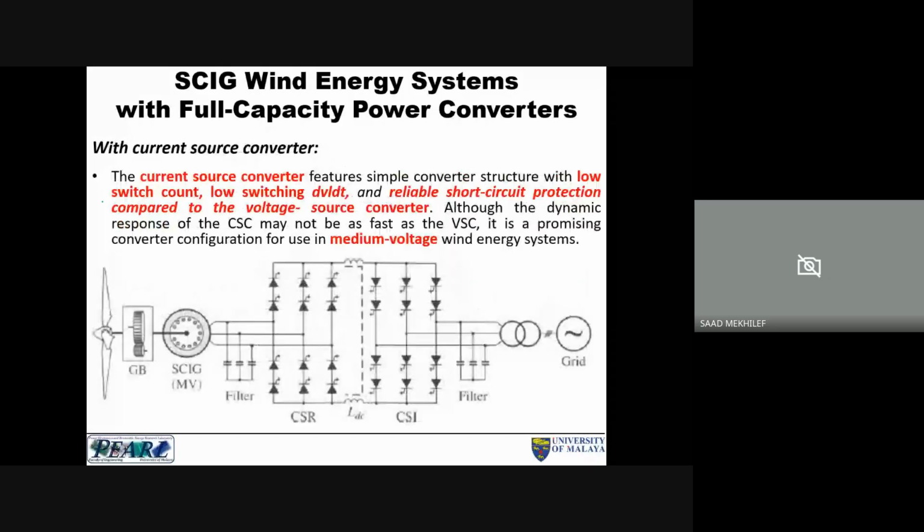Also, another topology with a full capacity power rectifier. Here it is also the same. We use current source rectifiers and current source converters instead of voltage source.